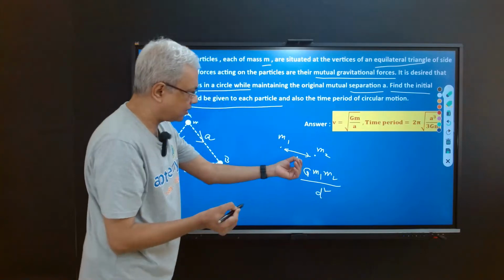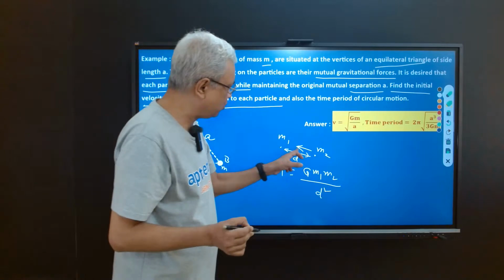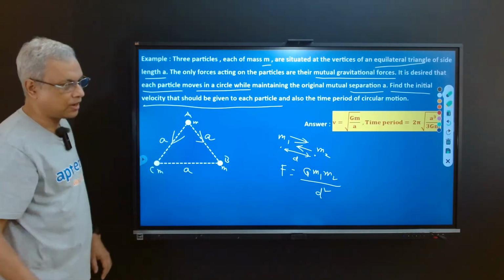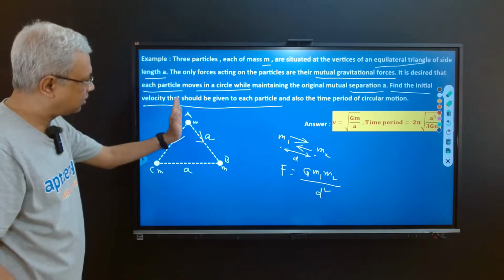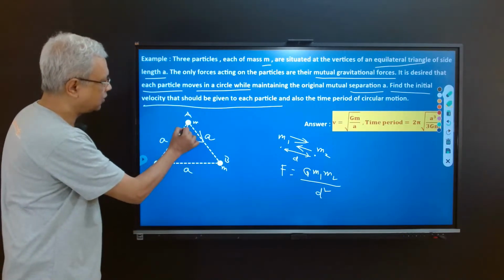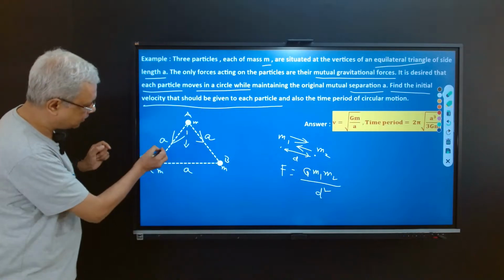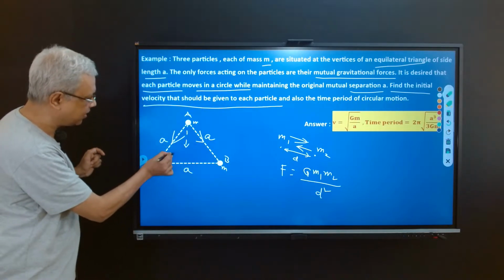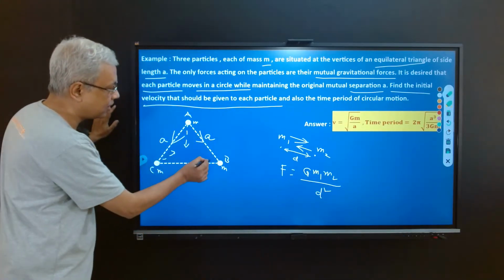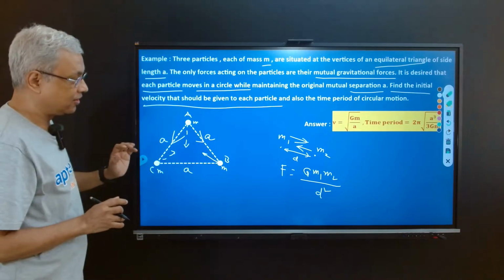That means m1 attracts m2 in this direction and m2 attracts m1 in this direction. So these two force vectors act, and there will be a net force acting in this direction. Similarly, for this particle there will be a net force in this direction. We are not telling what this direction is; you have to find out. And there will be a net force acting on this one in this direction.